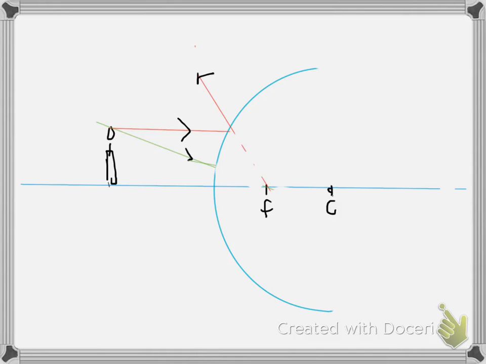And then it's reflected back perpendicular to the principal axis, or parallel to the principal axis. Can't you make the dotted dash line thing for the incoming? No. Yeah, you can. Okay, so we have the reflection line on that second ray appearing behind the mirror.